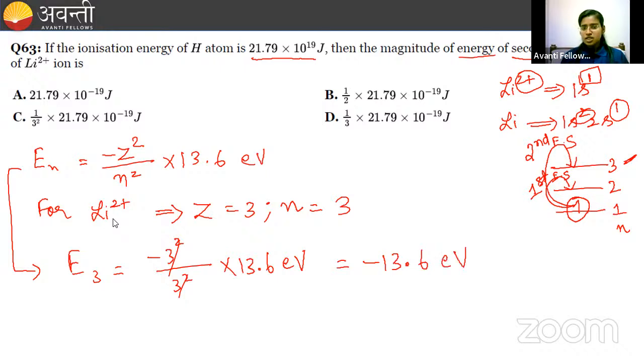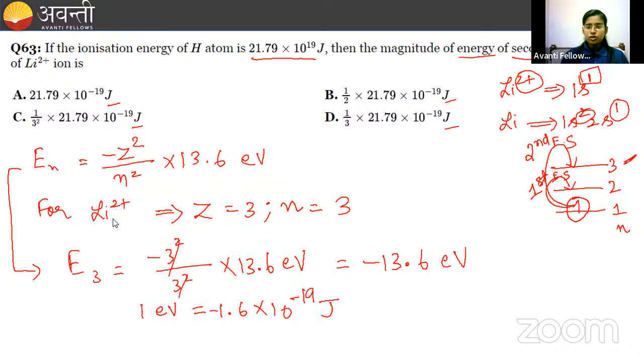But in all the options, if you see, the answer is given in terms of joules. What we have to do? We have to convert this electron volt to joule. So for the conversion, 1 electron volt is equal to 1.6 into 10 to the power minus 19 joule.